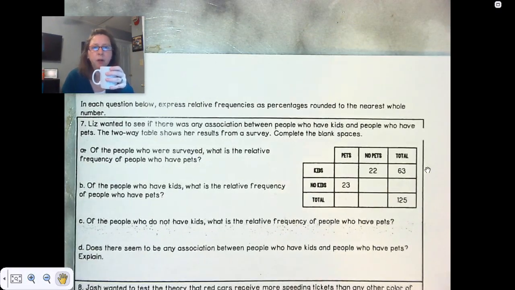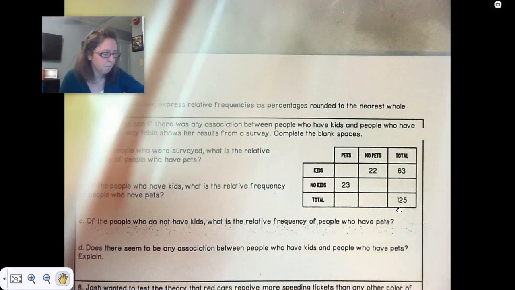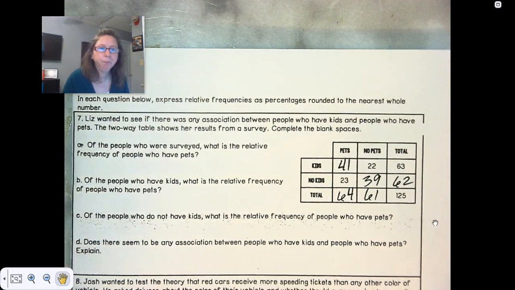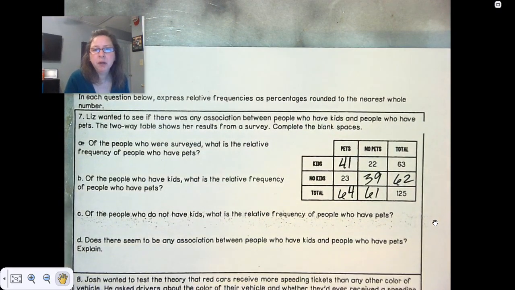In each question below, express the relative frequency as percentages, round to the nearest whole number. So the first thing that I want you to do is pause this video and fill in this two-way frequency table. All right, make sure that you have filled in your frequency table correctly.